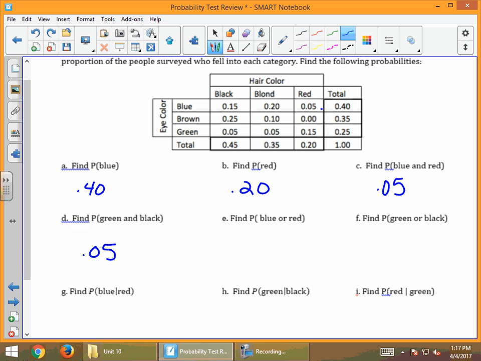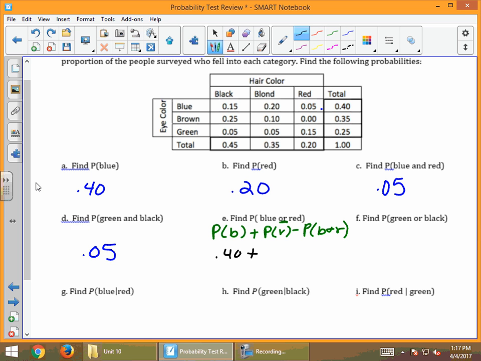For E, this is where it has the word or. Blue or red. Right? That's where you use that formula we just did in that other problem. Probability of the first plus the probability of the second minus the probability of both. Okay. What's the probability of having blue eyes? You already found it. 0.40.